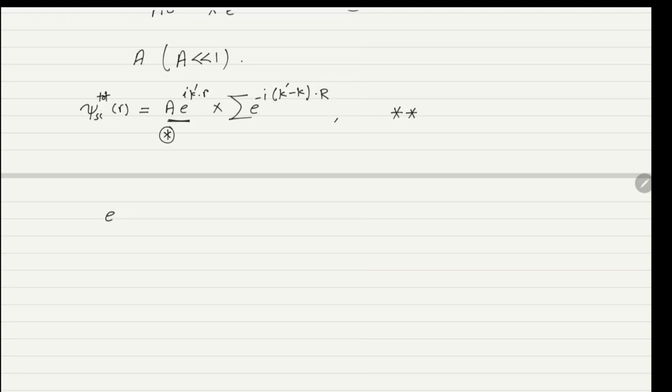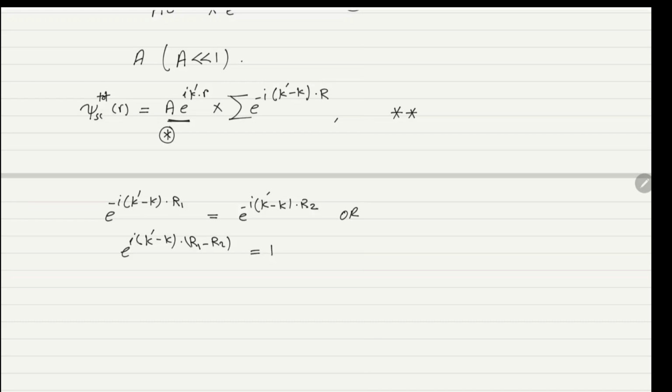Now let's start with the second factor: e to the minus i (k prime minus k) dot R1 equals e to the minus i (k prime minus k) dot R2, or e to the i (k prime minus k) dot (R1 minus R2).